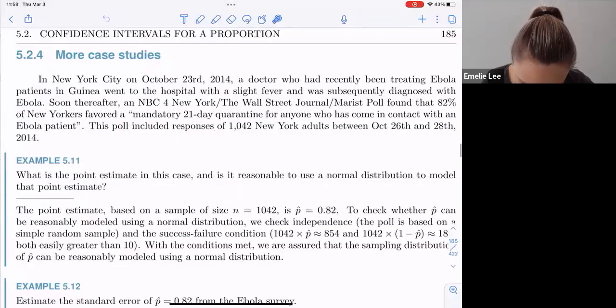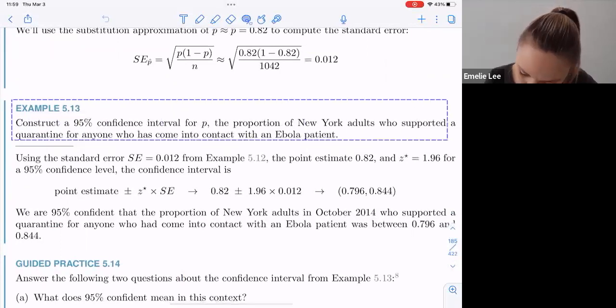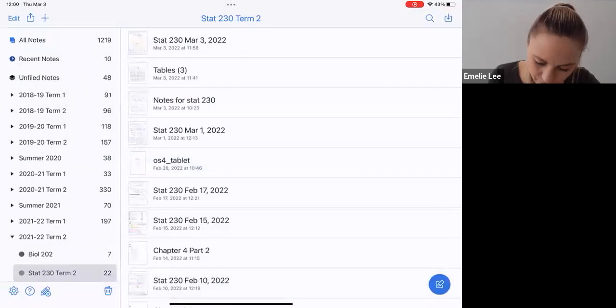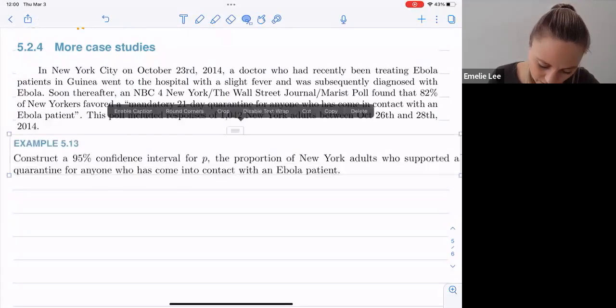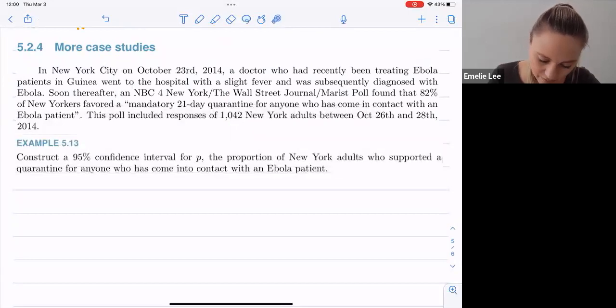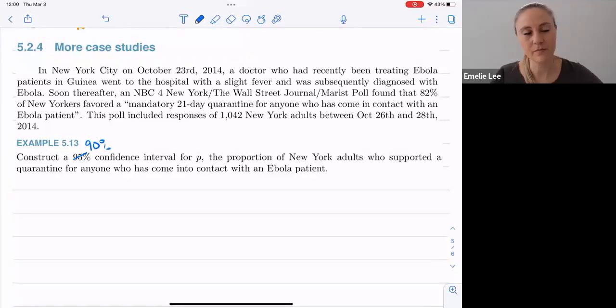But instead of a 95% confidence interval, let's change it to a 90% confidence interval. The 95% is in the textbook, so if you want to look at the 95, that's fine. But just for practice, let's do a 90% confidence interval.